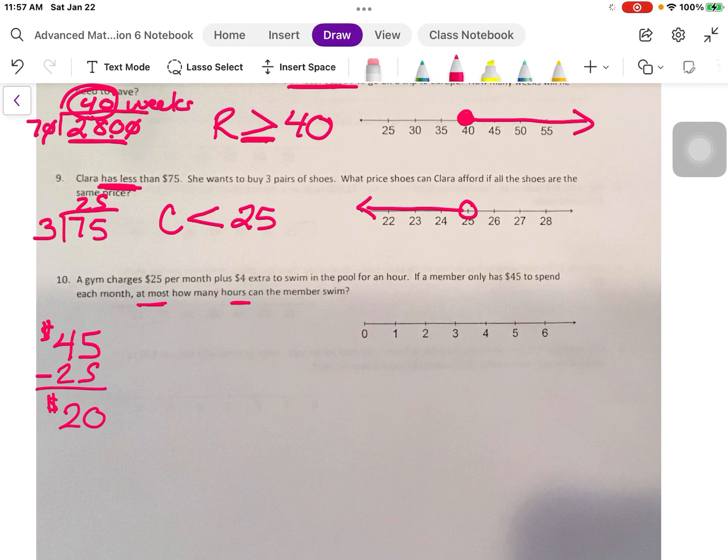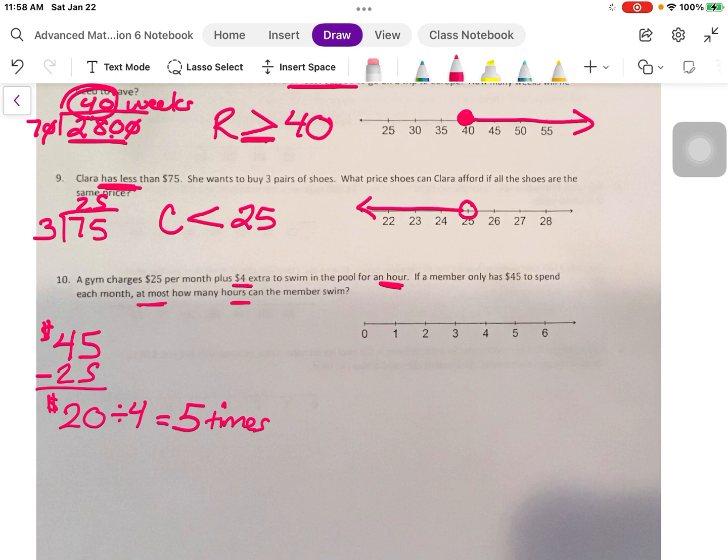Out of that extra 20 bucks, it's $4 extra each hour. And they're asking how many hours. So if I take that $20 and divide it by $4, I would end up with 5. So 5 times, basically, he could do the extra swim if he'd like.